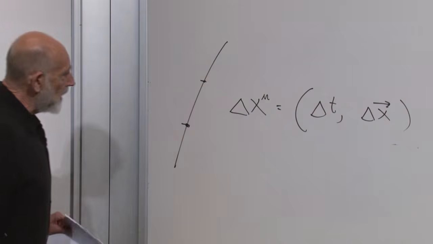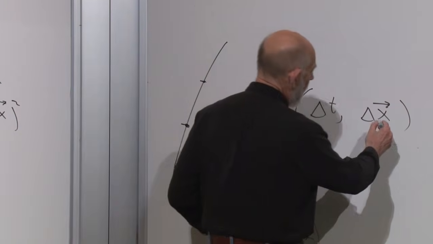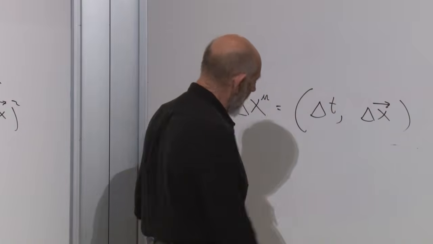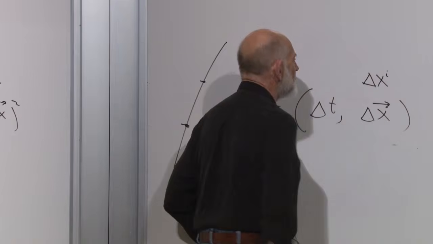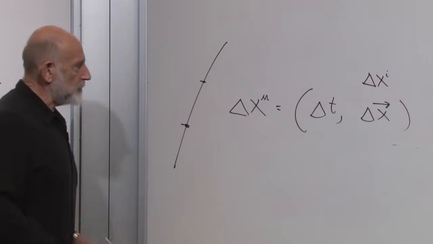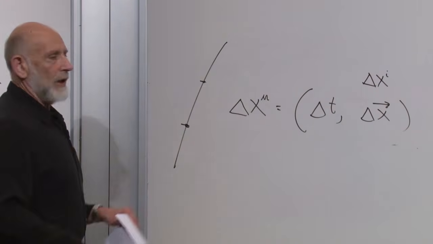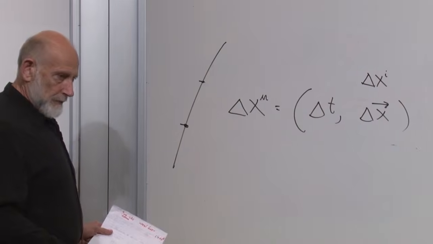That's delta x mu. Sometimes I will call these spatial delta x's, sometimes we'll call them delta x i. When you see an i, it just runs over space. When you see a mu, it runs over all 4 coordinates of spacetime.